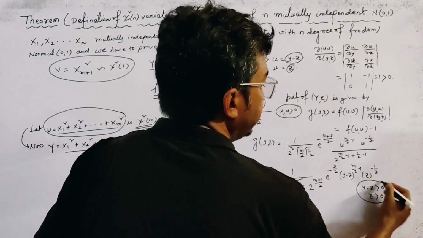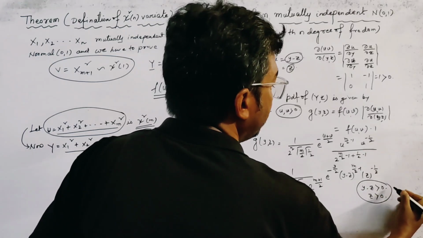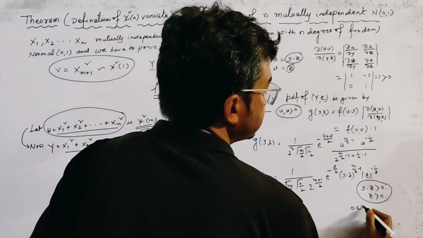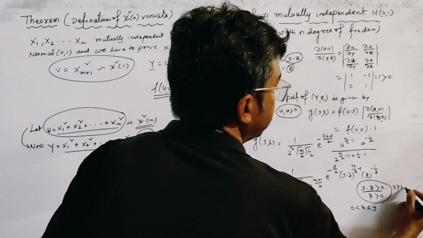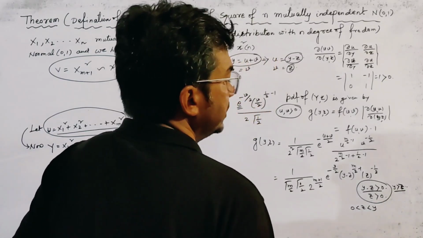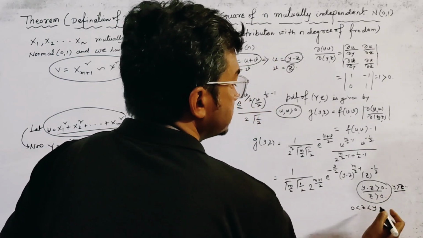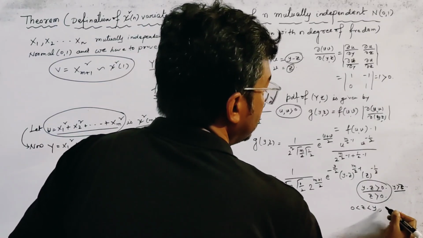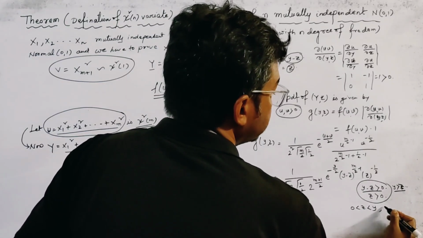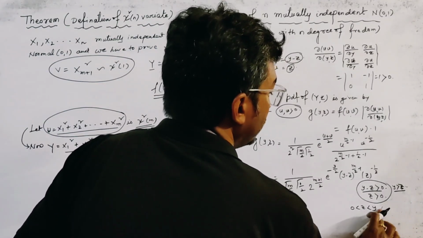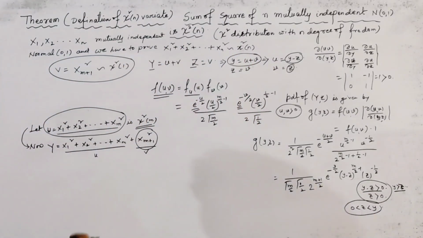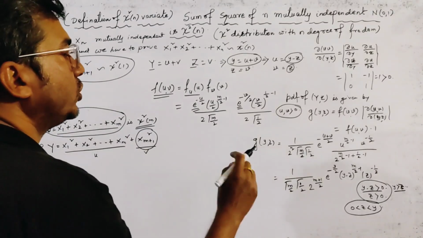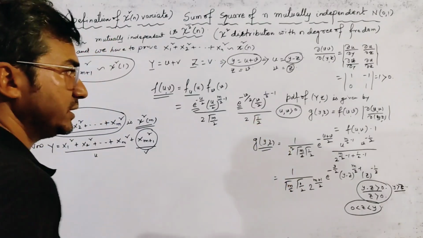So the combined range can be written as 0 less than z less than y, because from here we get y greater than z. Right? So 0 less than z less than y, and also z greater than 0. Okay, so we get the joint PDF of Y and Z.